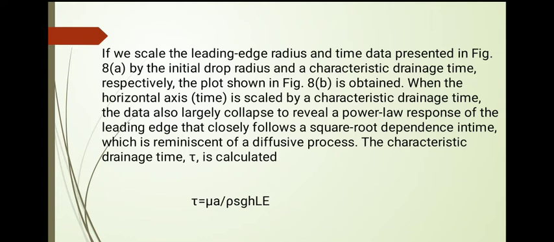When the horizontal axis is scaled by a characteristic drainage time, the data also largely collapse to reveal a power law response of the leading edge in time that closely follows the square root dependence in time, which is reminiscent of a diffusive process. The characteristic drainage time tau is calculated. Tau is equal to mu a by sigma s rho g HLE.